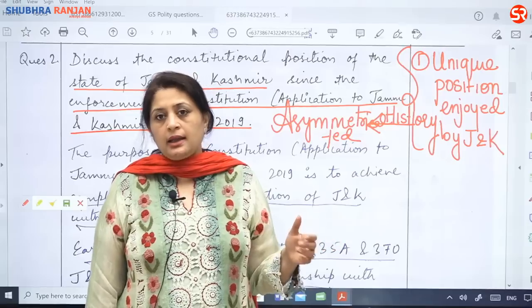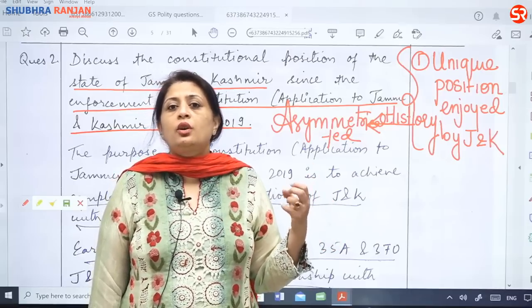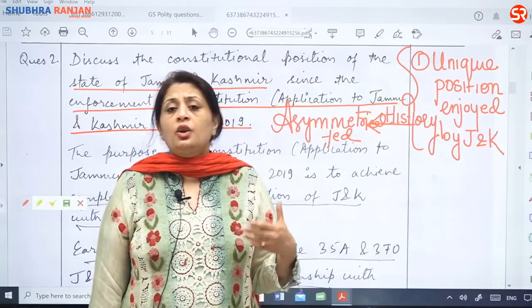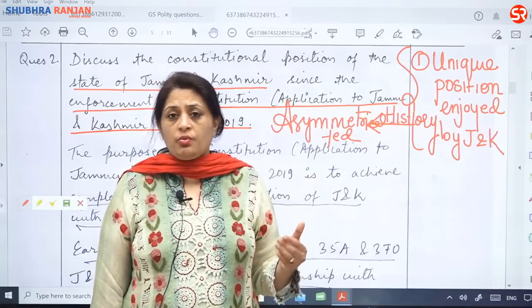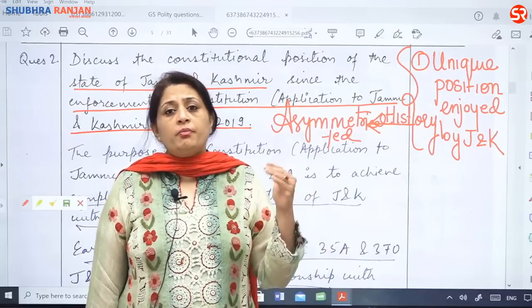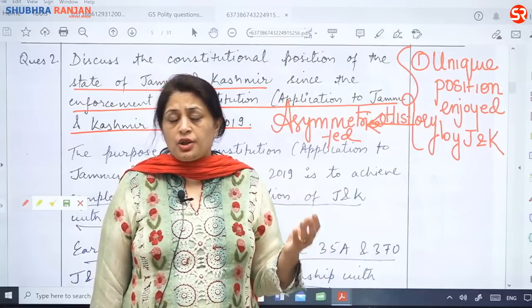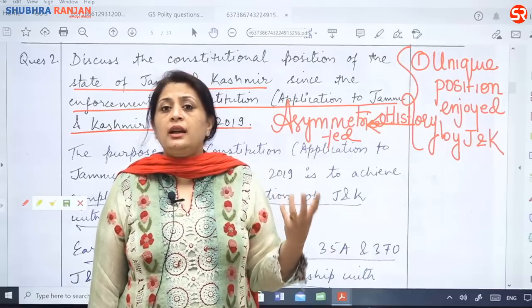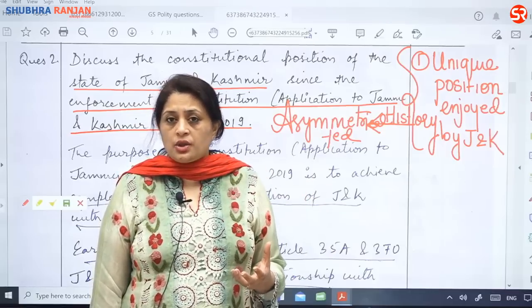Maharaja Hari Singh wanted Jammu and Kashmir to remain free, but after Pakistan's aggression, he signed the Instrument of Accession.